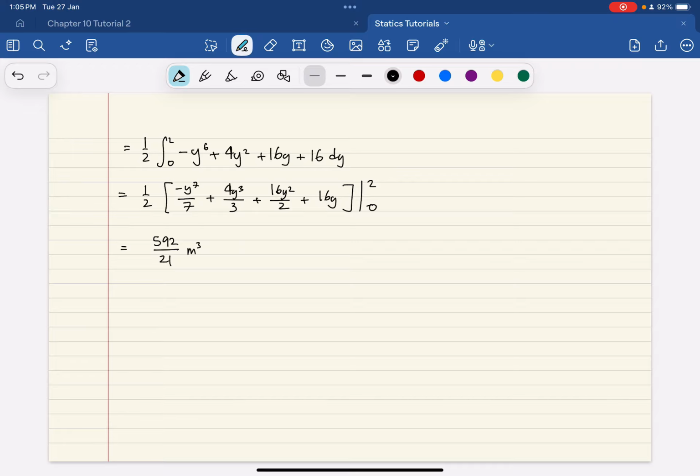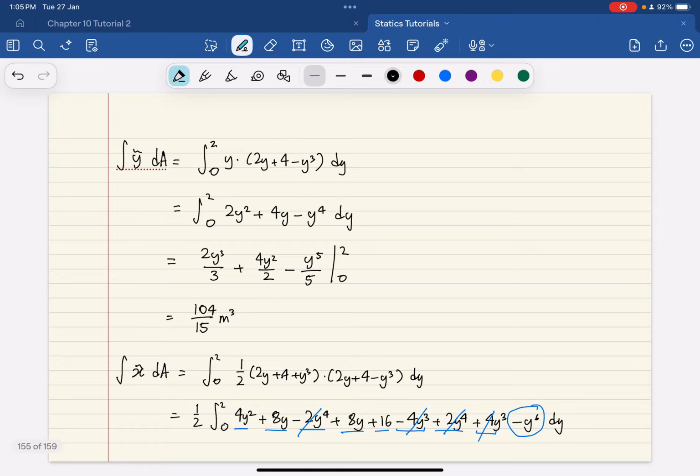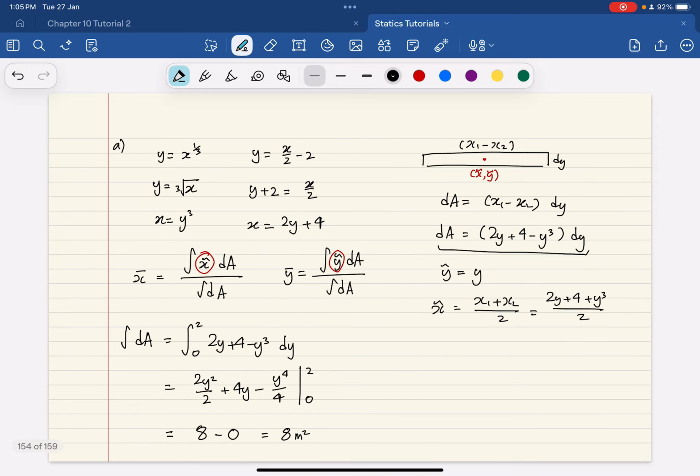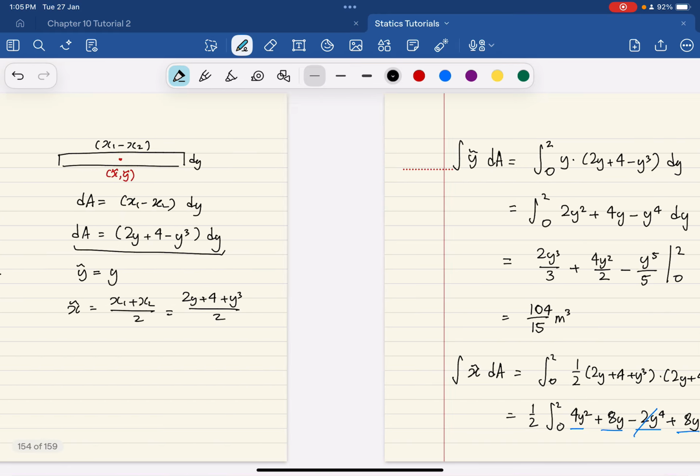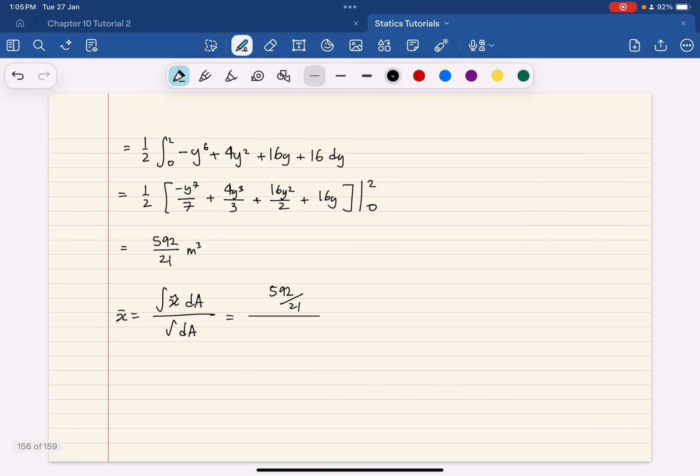Okay, so we've already solved it for x tilde dA, y tilde dA, and dA. Now it becomes very easy. Just simply plug it into the Centroid formula over dA. So it's just simply 592 over 21 over dA, which we computed as 8.